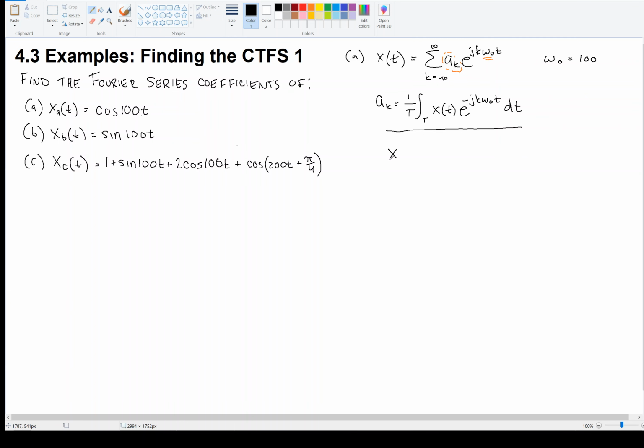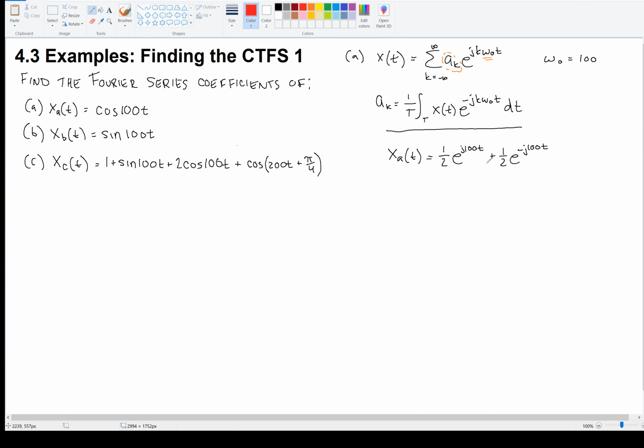That is to say, x a of t, if I use Euler's equation, cosine is 1/2 e to the j 100t, plus 1/2 e to the minus j 100t, right? And so it's already in this form, a sum of complex exponentials. That's exactly the synthesis equation. So it's already in its Fourier series.